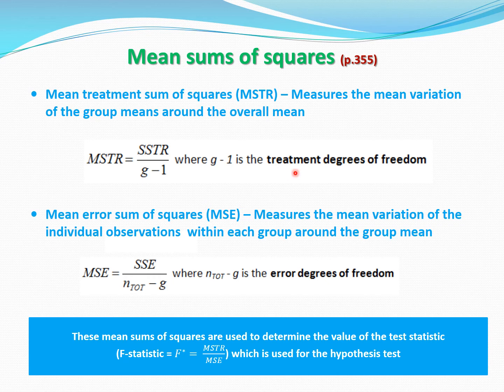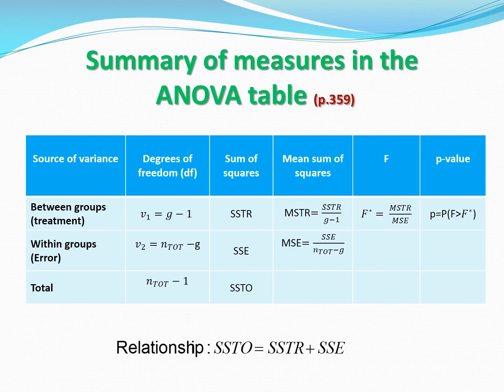V1 is your treatment degrees of freedom. That will give us the column in your F table, and V2 is your error degrees of freedom, which is given by N total minus G, and that will refer to the row in your F table that you will use in your hypothesis test.